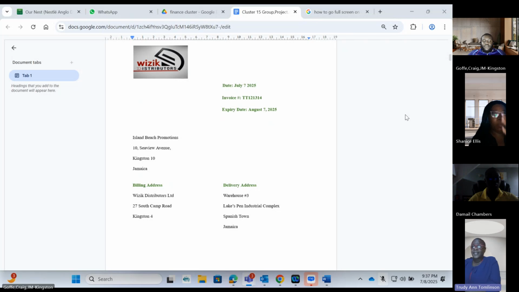Three, it maintains accountability. Quotations also serve as a documented agreement, ensuring transparency and accountability in financial transactions. And four, smooth flow of procurement and payment, which means timely and accurate quotations facilitate a smooth procurement process, enabling efficient payment process.